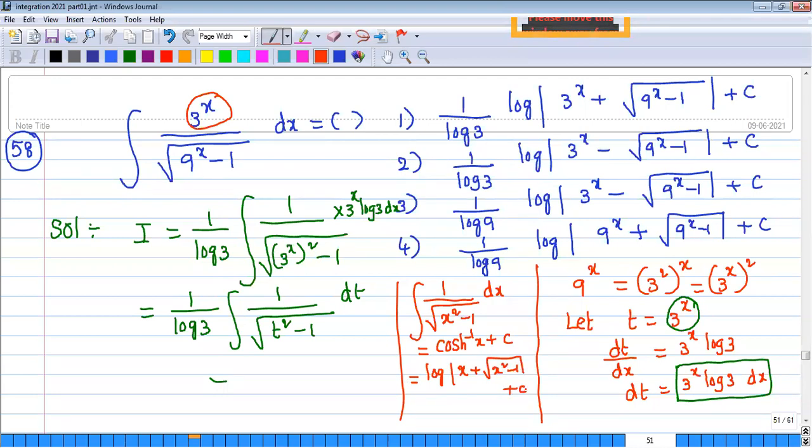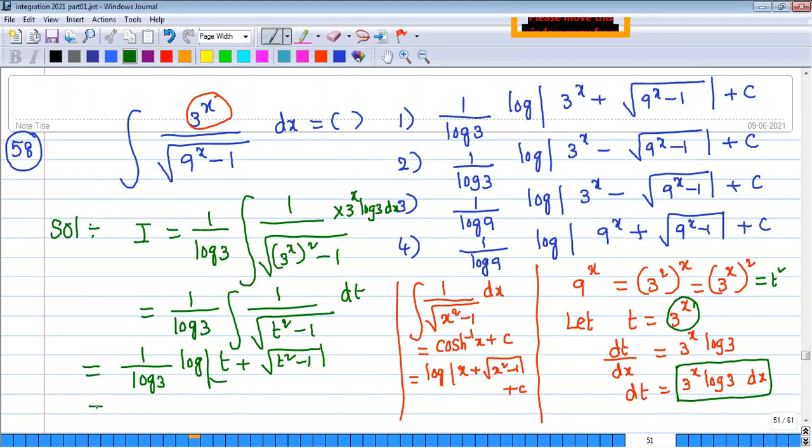Both ways we can write. So actually our options are in terms of log. So let us write this is equal to 1 upon log 3 log mod t plus root of t square minus 1. T stands for 3 power x, so t square is 9 power x.